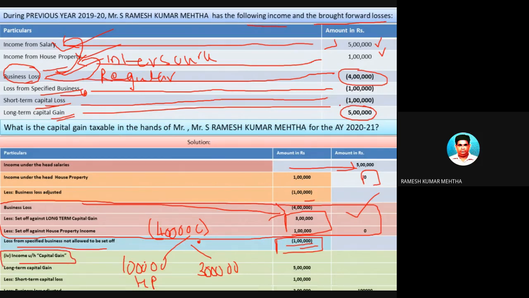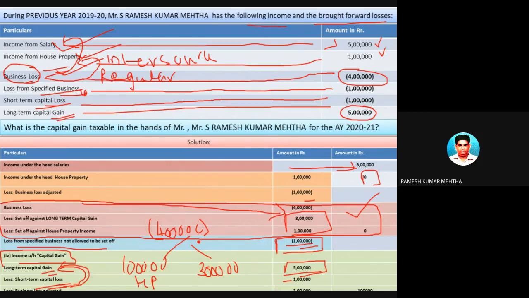So the income from capital gains is 5 lakh rupees long term capital gain, and as I told you in my previous classes, short term capital loss can be set off against long term capital gain as well as short term capital gain. In this case, there is no short term capital gain, hence the short term capital loss can be set off against long term capital gain. So out of this 5 lakh rupees, 1 lakh rupees can be set off.